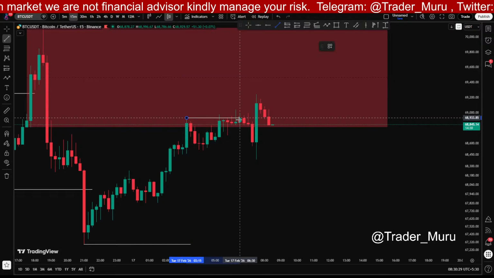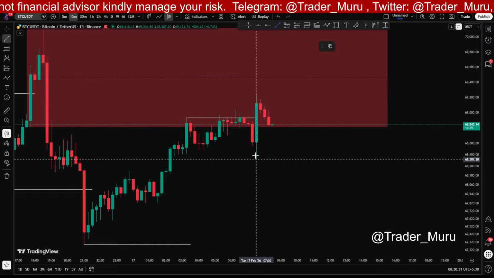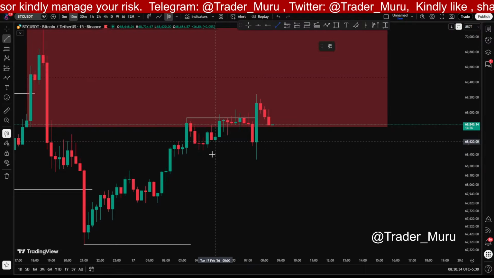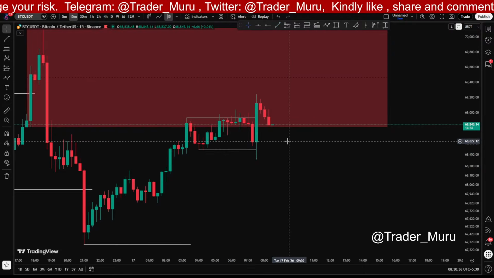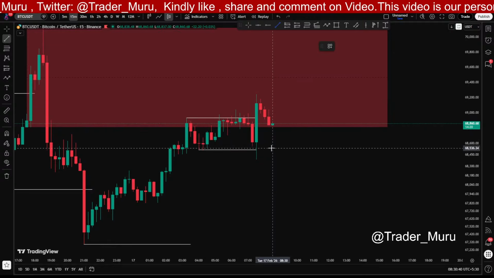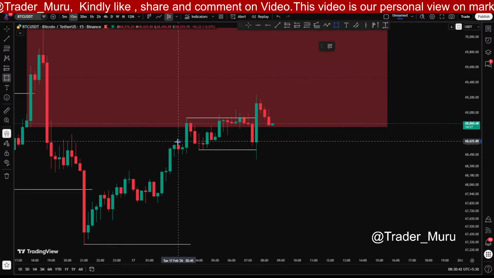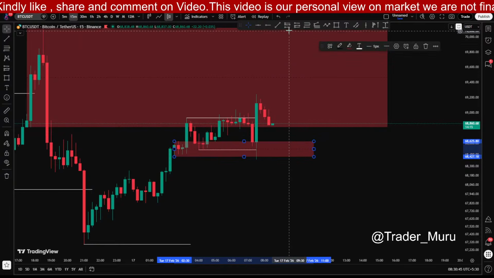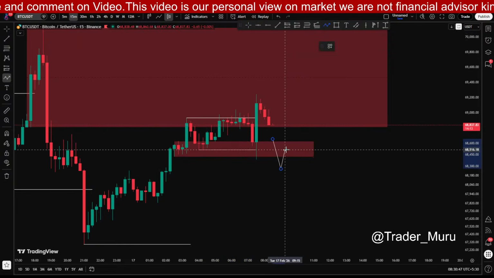This is your breakout structure. Liquidity hunting, and you need a 2 candle closing below this red zone here. Then on the retest you can short.